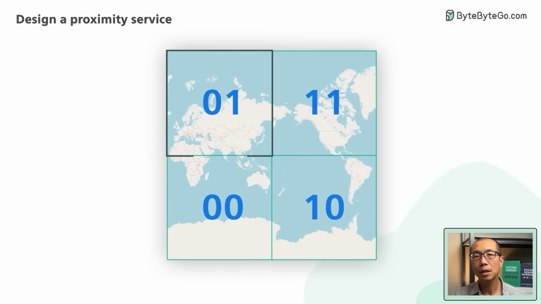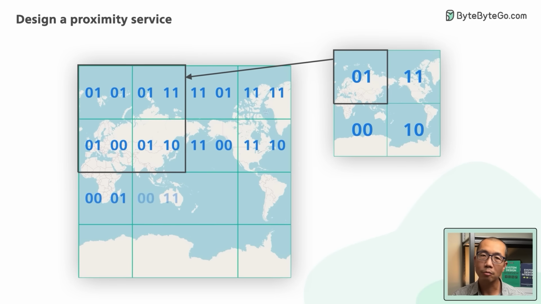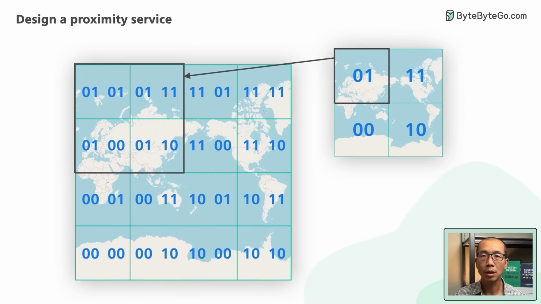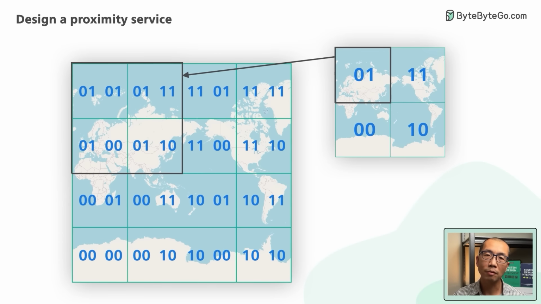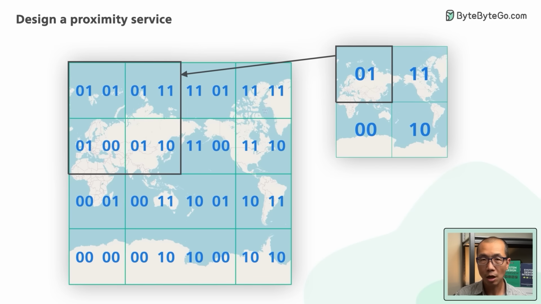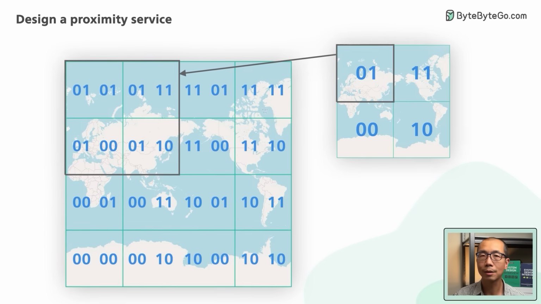Next, it divides each grid into 4 smaller grids. Each smaller grid is again represented by another 2 bits. The bits for the subgrids are appended to the existing bits. It repeats the subdivision and keeps adding more bits to the GeoHash. It stops subdividing when the subgrid reaches the desired size.